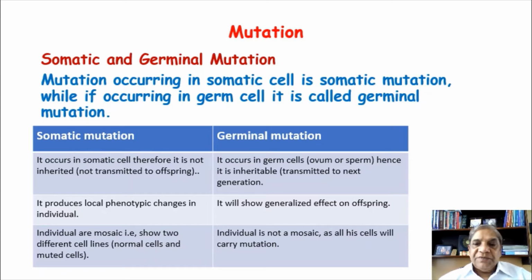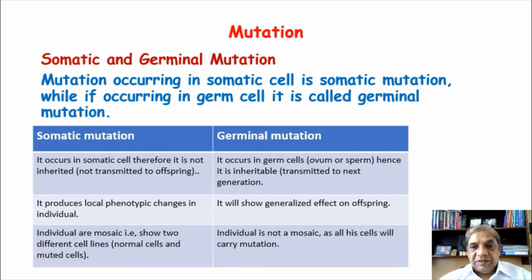Now, the third difference between somatic mutation and germline mutation is that individuals are mosaic. I told you about this when I taught you mosaicism and chimerism. A mosaic is an individual which shows two different cell lines.